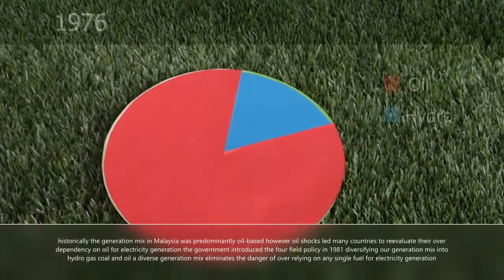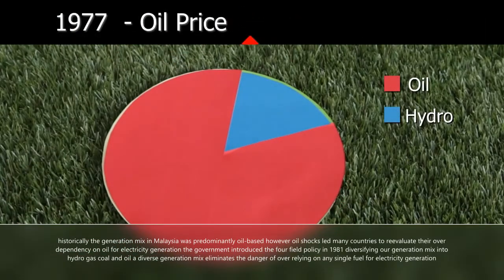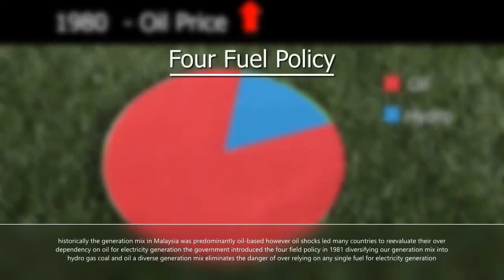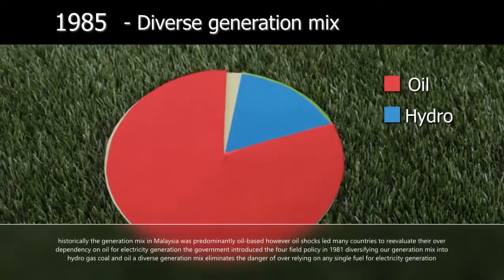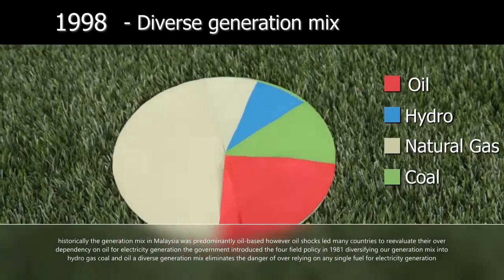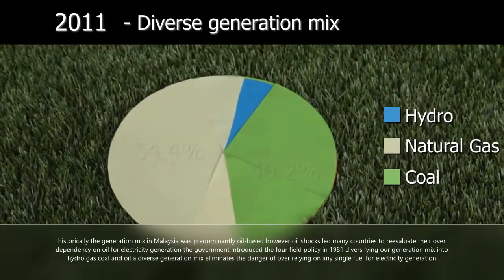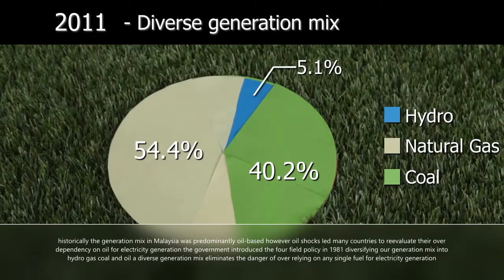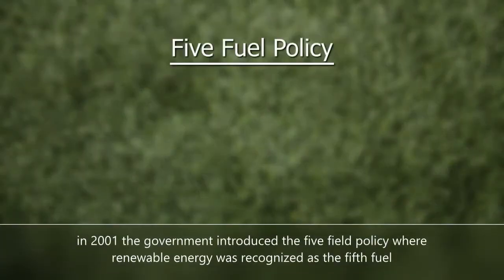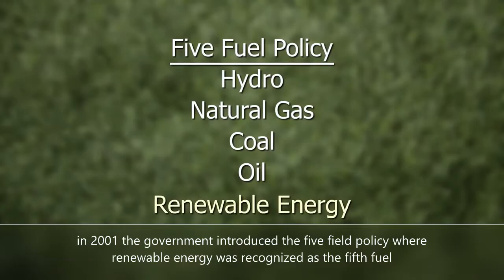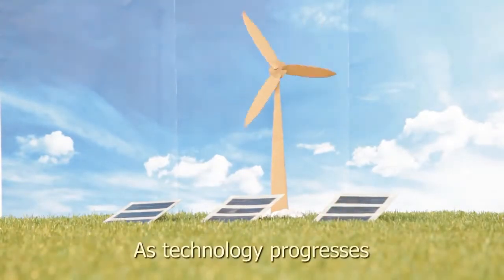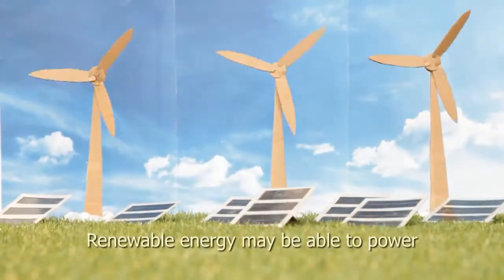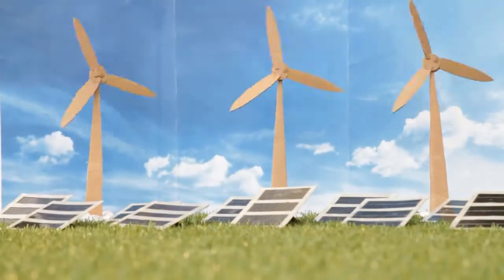Historically, the generation mix in Malaysia was predominantly oil-based. However, oil shocks led many countries to re-evaluate their over-dependency on oil for electricity generation. The government introduced the four-fuel policy in 1981, diversifying our generation mix into hydro, gas, coal, and oil. A diverse generation mix eliminates the danger of over-relying on any single fuel for electricity generation. Today, electricity in Malaysia is powered by 54.4% of natural gas and 40.2% of coal, with hydropower and oil making up for the remainder. In 2001, the government introduced the five-fuel policy, where renewable energy was recognized as the fifth fuel. Currently, renewable energy is developed in a small scale due to technological and cost constraints. As technology progresses, who knows in the future, renewable energy may be able to power more households and industries to complement the conventional power plants.